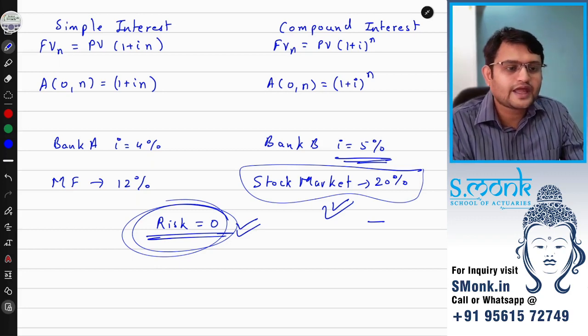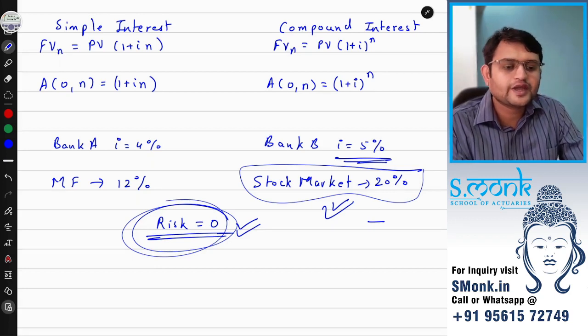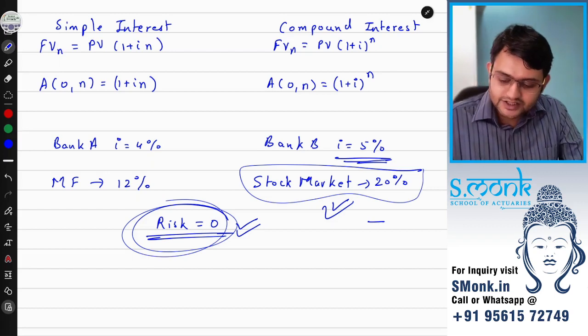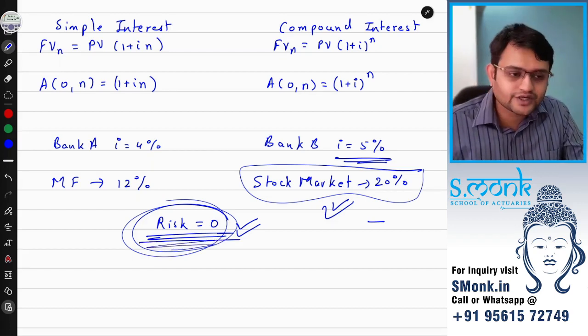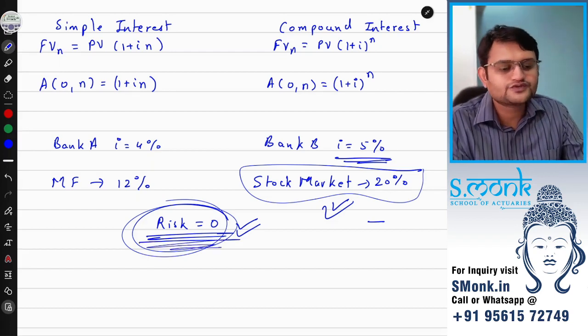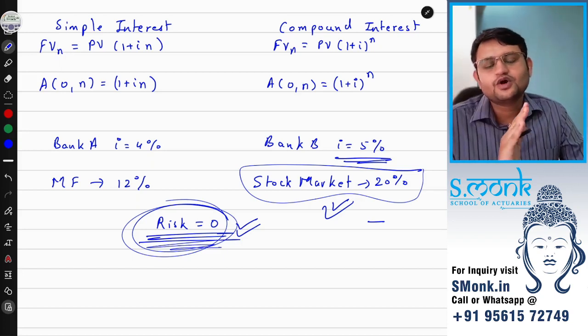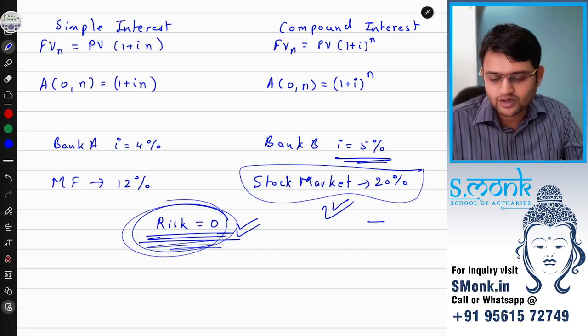So in that way, when we talk about risk, the rate of interest that you are going to earn may vary. But as I said, in CM1 we are going to assume zero risk, and because we are assuming zero risk, we will be working with the same rate of interest for whatever time period we are talking about.